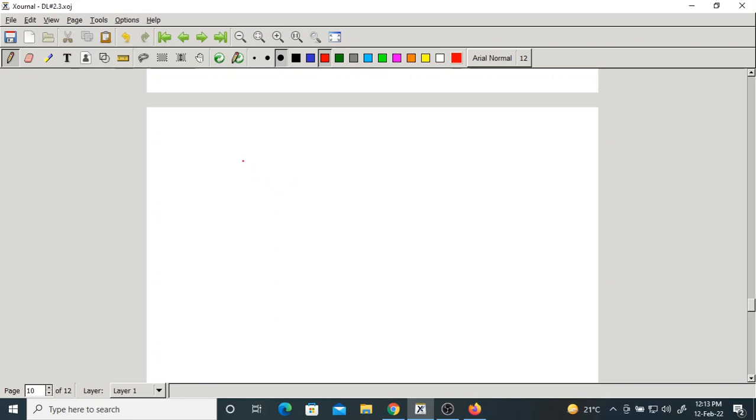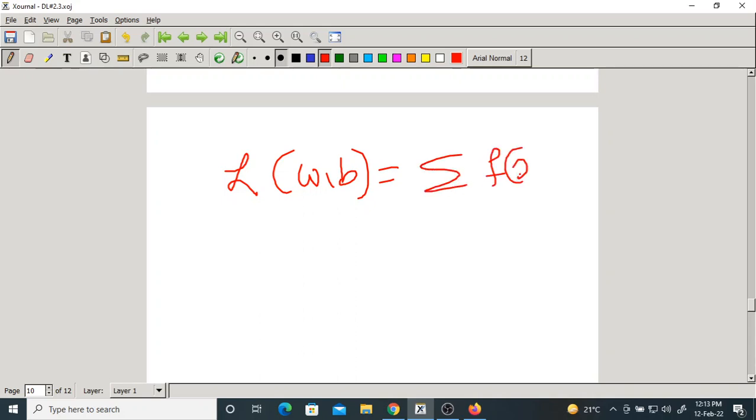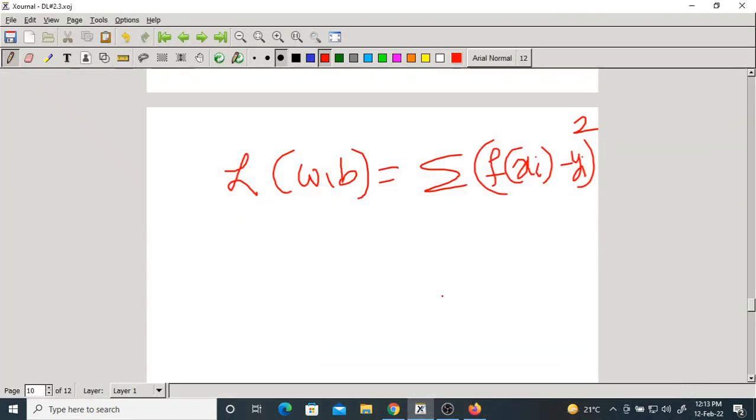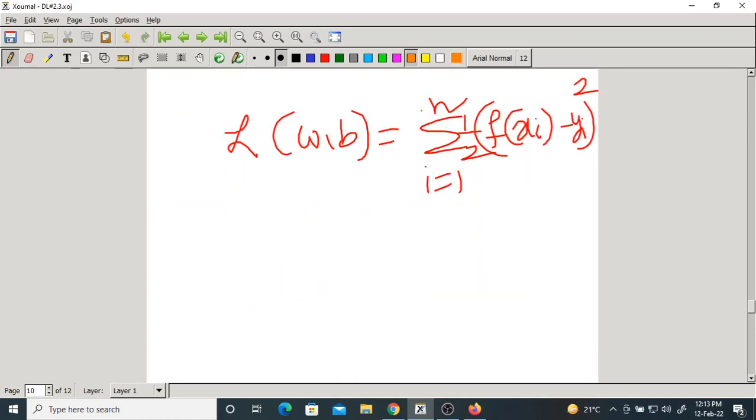So what is the loss function formula? It is 1 by 2 summation, i varies from 1 to n, of f of xi minus yi whole square. But as I told you, we are taking only one point, x comma y.